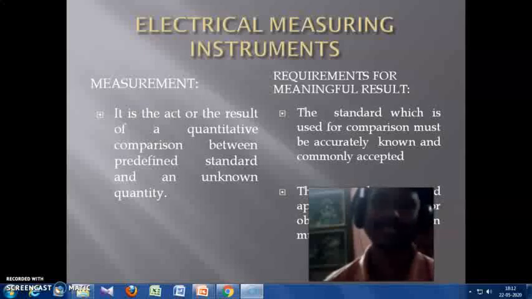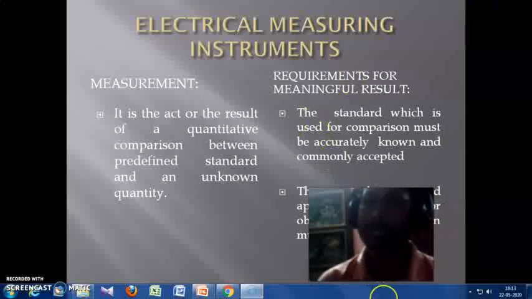This term standard is applied to a piece of equipment having a known measure of physical quantity. Whatever we are going to measure in terms of standard, the standard equipment should have a known measure of physical quantity.